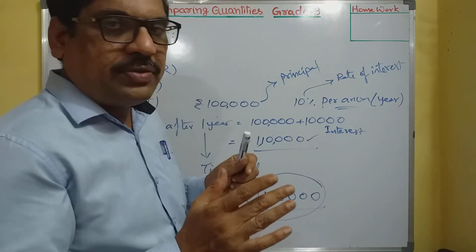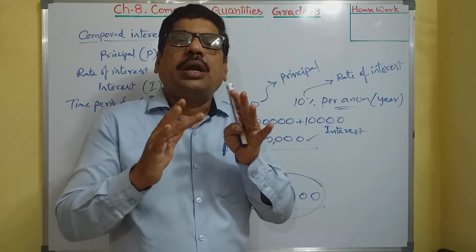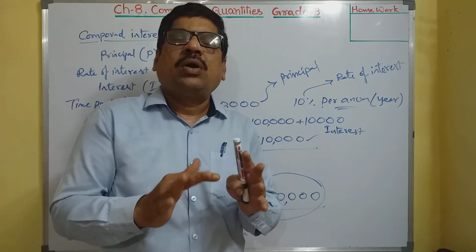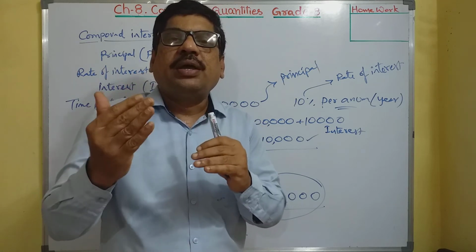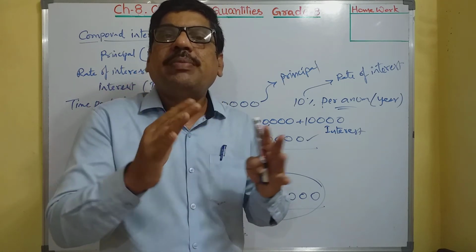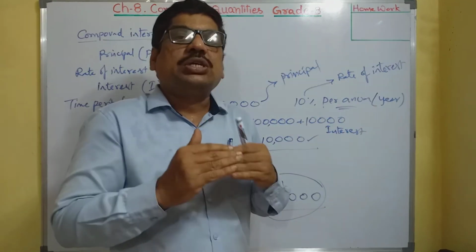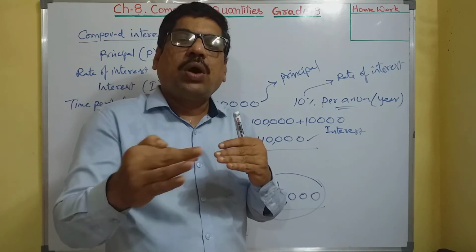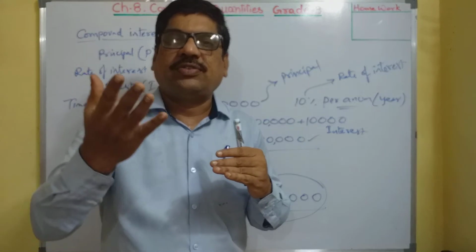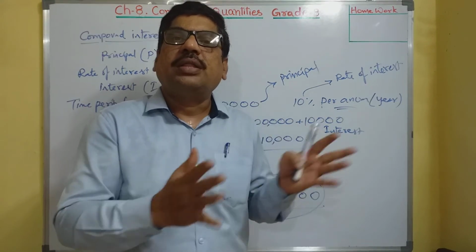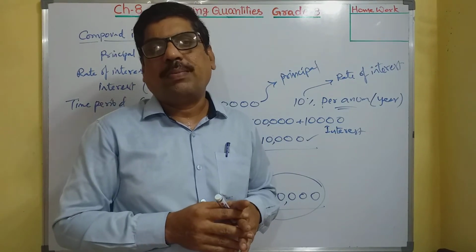So whatever it is, if you deposit some money in a bank or in a post office, the money will be increased because the interest will be added to the principal. So in the next quarterly or half yearly or annually, your interest also will be increased because of the interest we are getting. That is called the compound interest.